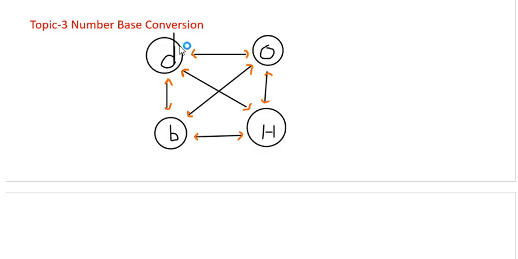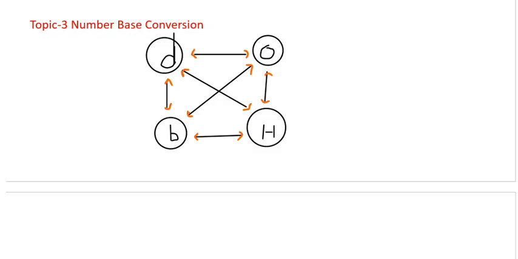It has three conversions: decimal to binary, decimal to octal, or decimal to hexadecimal. Similarly for octal, we have octal to decimal, octal to binary, and octal to hexadecimal. Similarly, each of the four number systems has three, so 4 into 3, we have a total of 12 types of conversions.